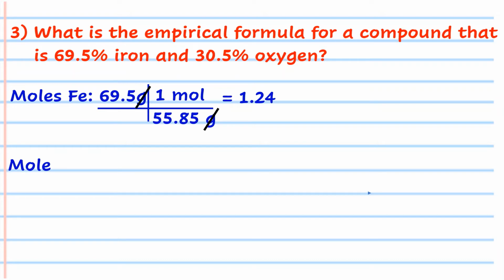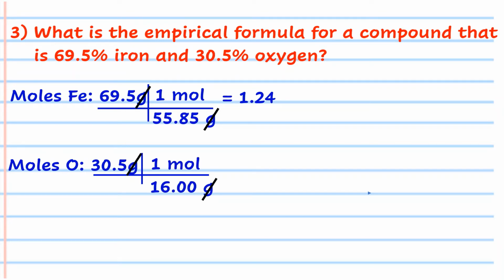Looking at the oxygen, we're going to change 30.5% to 30.5 grams, and then we're going to put 1 mole over oxygen's molar mass, which is 16.0, and we see we need to divide 30.5 by 16. That comes out to be 1.91. And now we need to divide both numbers by the lowest one, which in this case is 1.24.